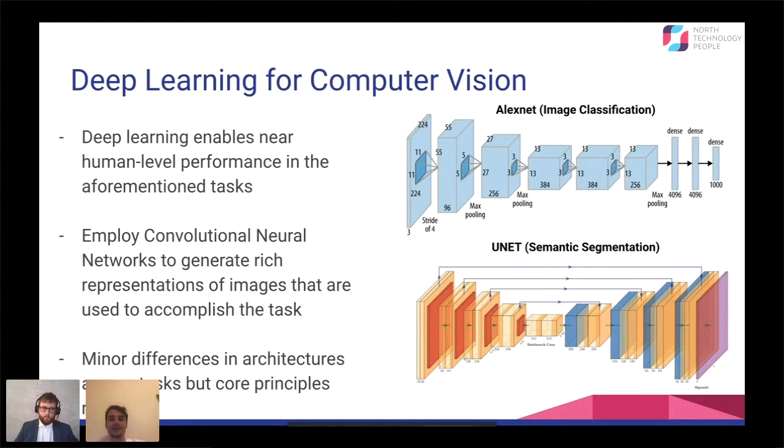So the secret sauce, or the reason we're getting all these really impressive results, is we're employing convolutional neural networks that are basically iteratively applying learned filters to the image and subsequent features to build rich representations of the image that are used to accomplish a downstream task like image classification or semantic segmentation.